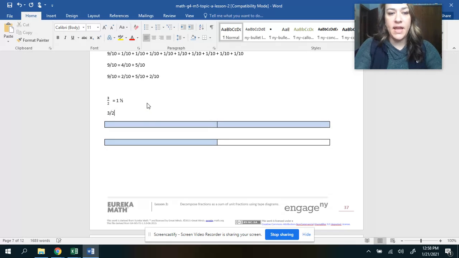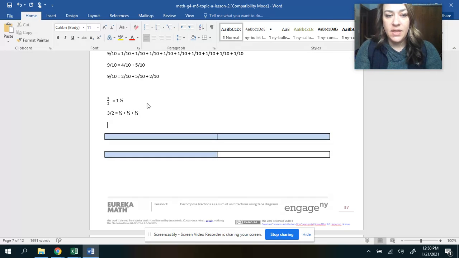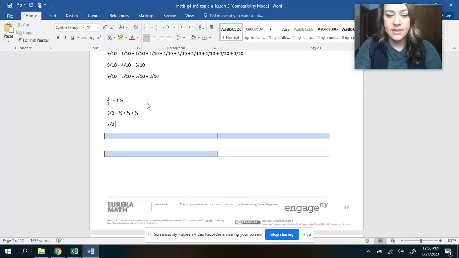Well, we could say 3 halves is equal to 1 half plus 1 half plus 1 half, right? Because I have 3 halves. We can say 3 halves is equal to 2 halves plus 1 half.